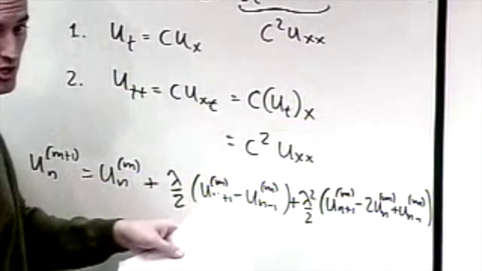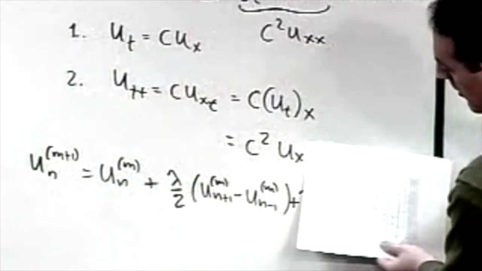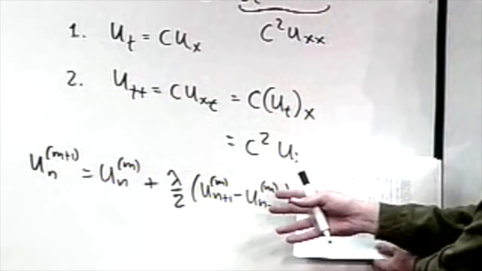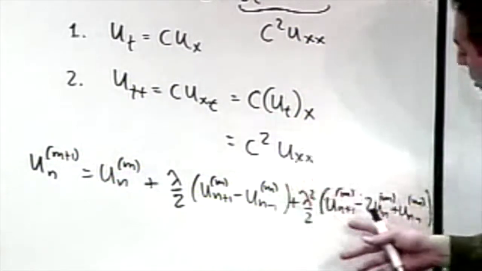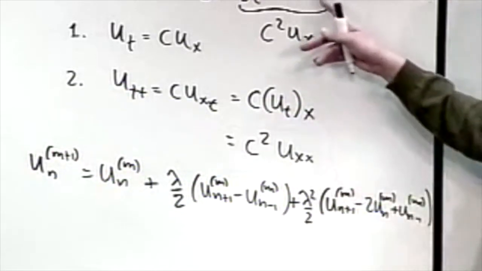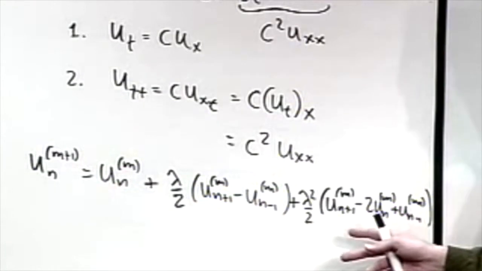This term is the big addition here. If you just take this term out, what do you have? You have the Euler method that we talked about first. That's unstable for all lambda values. But by including this correction, it adds a little bit of what's called numerical diffusion. You're adding a diffusion term over here, and this basically helps stabilize the scheme.